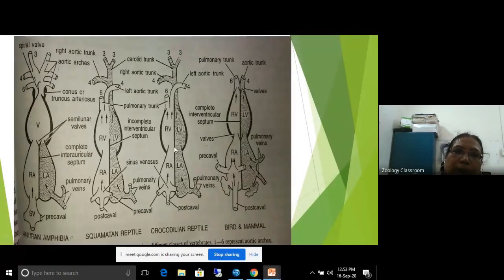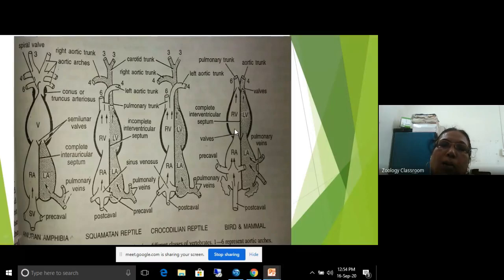In birds and mammals there is a complete separation of auricle and ventricle, and also complete separation of oxygenated and deoxygenated blood. On the right side the valves are called the Thebesian and Eustachian valves. There is the right auricle and the left auricle. The left side has pure blood, and the right side has impure blood.